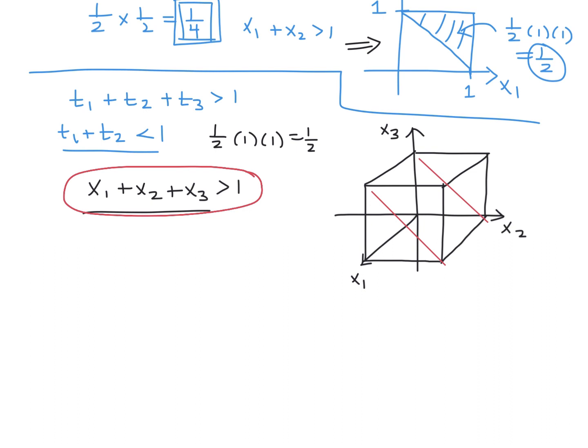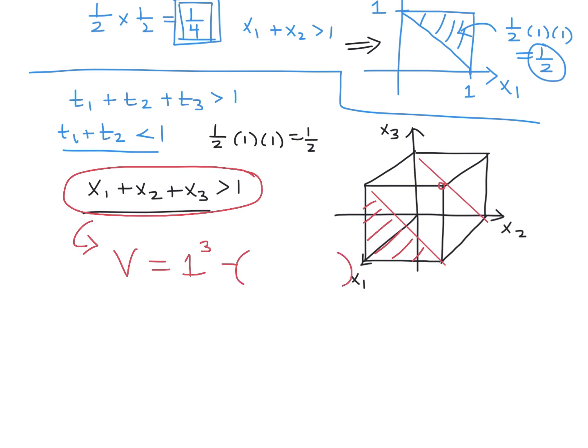We want the bigger part that includes, for example, 1, 1, 1. We want the larger part of that cube, so we don't want this part. So this part here, the 3D component of it, is what we have to cut out. So the volume that we want is the volume of the full cube, which is 1 cubed, minus the volume of that tetrahedron.